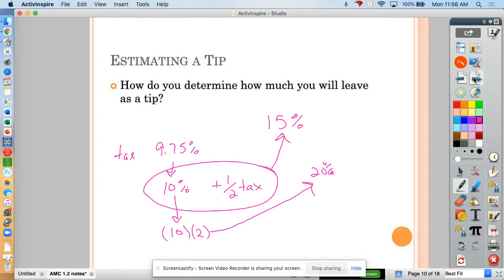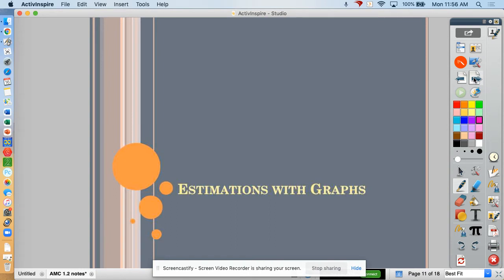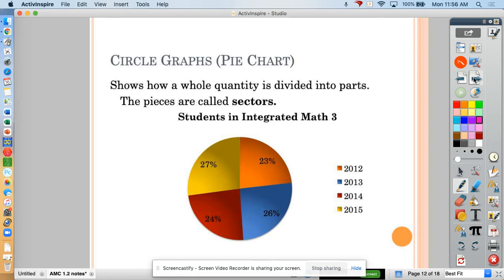for a tip. All right, then the last little part of the section talks about estimating with graphs. And so a circle graph is good to show how a whole quantity is divided into parts. And last week we talked about sectors on that ACT sheet. And so each one of those sections are called sectors.